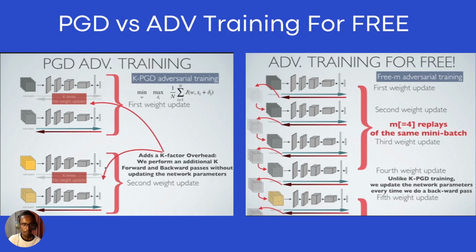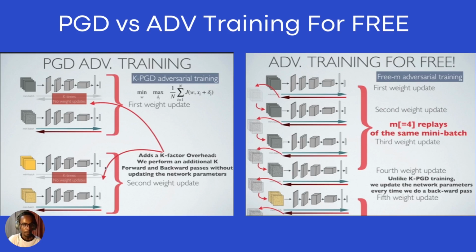We have a global perturbation that we initialize. Then by performing forward and backward prop, as we can see on the image on the left side, we go through the network k times. And when we do this, we only update the perturbation and we don't update the weights.